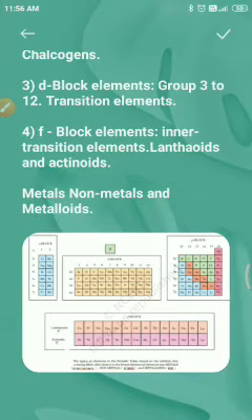The elements become more metallic as we go down a group. The non-metallic character increases from left to right across the periodic table.